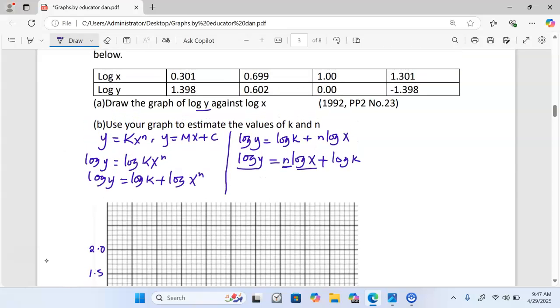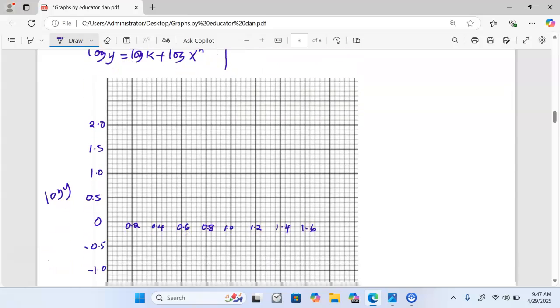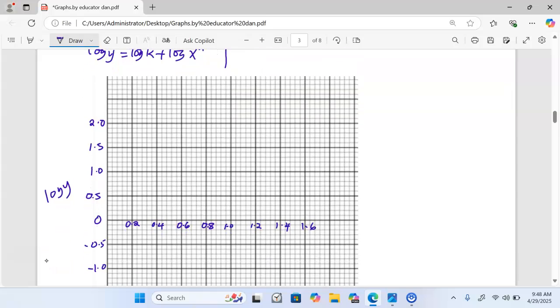Remember, when log x is 0.3, the other one is 0.1398, which is approximately 0.4. So we are going to go to 0.3, which is between 0.2 and 0.4. Then we go all the way to 1.3, that is 1, 1.1, 1.2, 1.3 is here.